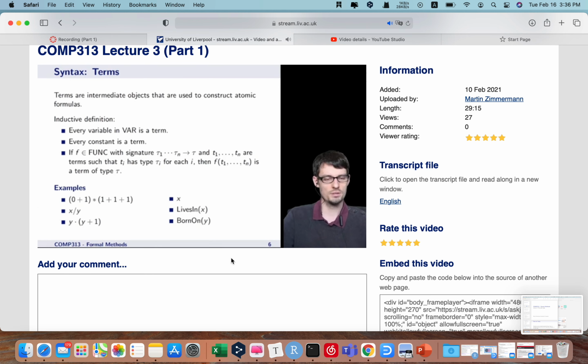So everything I can build up from 0 and 1 and plus and minus and multiplication and division, and even the variables will be a term. Similarly, I can write x divided by y. This is also a term, because x and y are variables, so they are terms, and then I can apply the division function in FUNC and obtain a new term. And similarly, y times y plus 1 would also be a term. And in our other setting, with the customer database, the variable x is a term by the first rule, lives in.